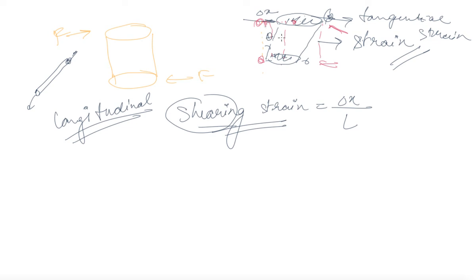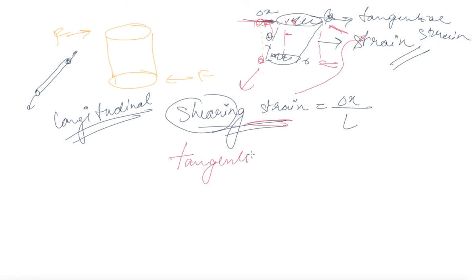Then the restoring force is developed. As I've said, if you displace something, a restoring force is developed due to the applied tangential force, and that type of force is known as shearing strain or tangential strain. I'm writing this up in a proper way.